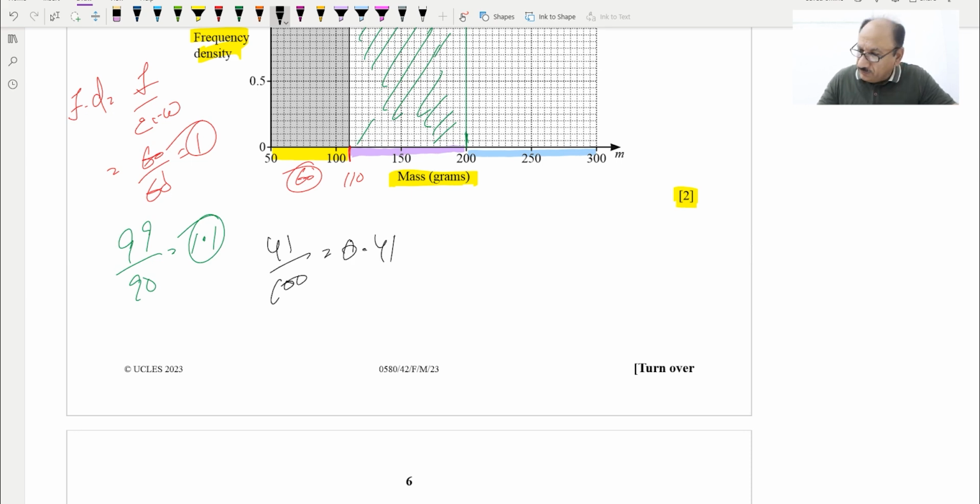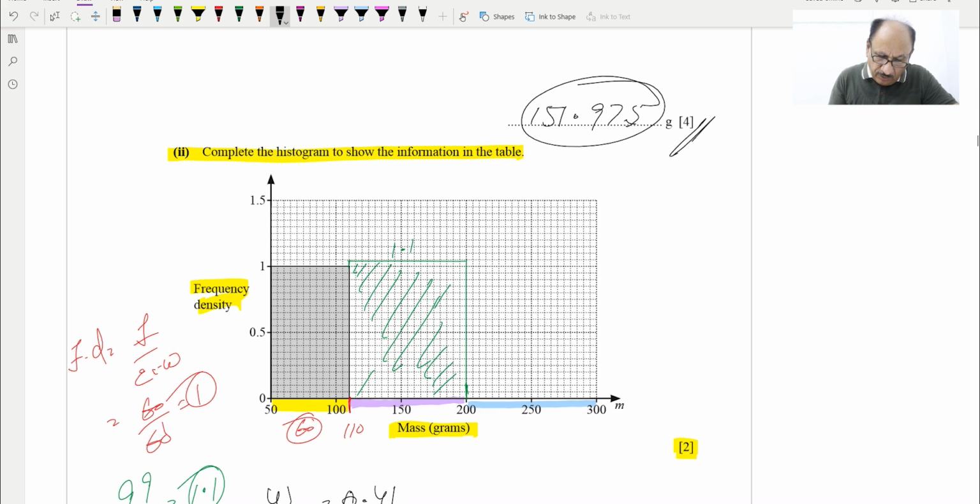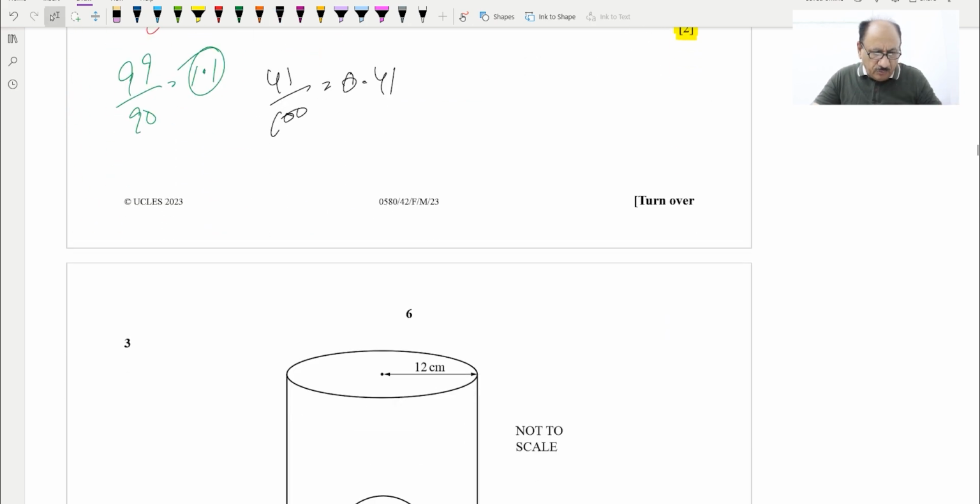Height we will take 0.5 is this one. So 0.41 we will be taking up to this level, and this will be 0.41. We can draw this, and this will be the bar, and 0.41 will be the height. This is done. Hopefully you understood this.